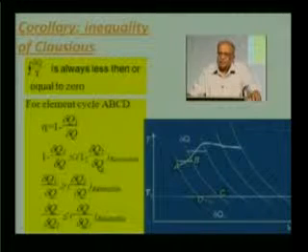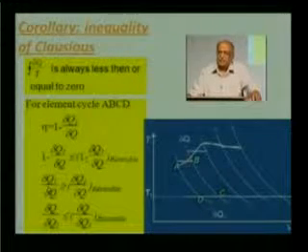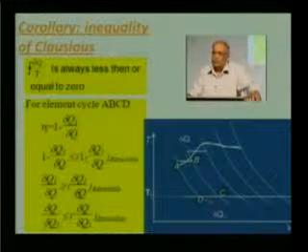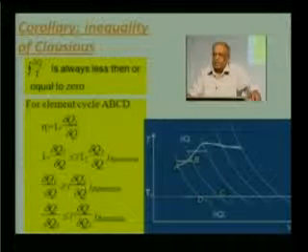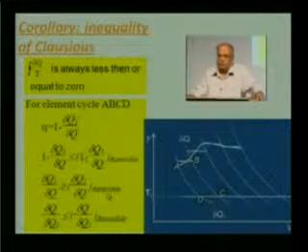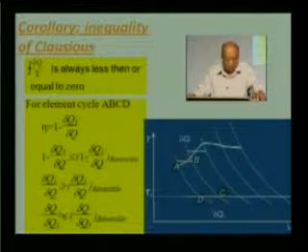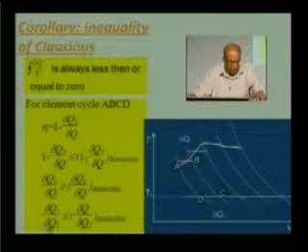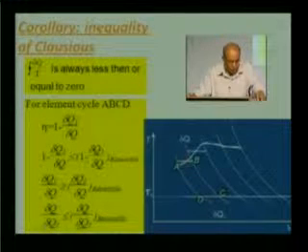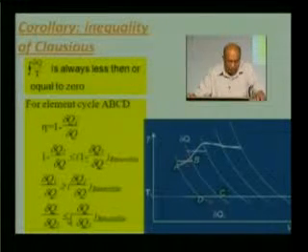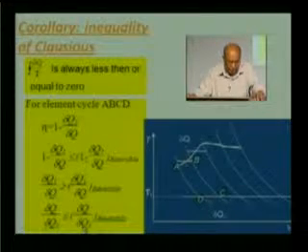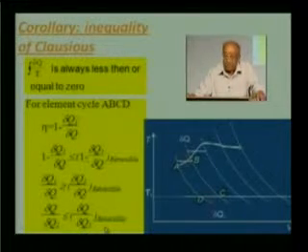This equation can be rewritten as dq1 by dq greater than dq1 by dq for a reversible, and it can be further written as dq1 by dq would always be less than or equal to dq1 by dq for a reversible cycle.